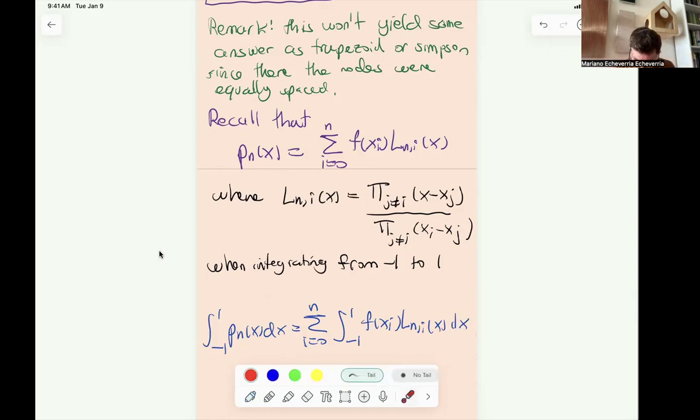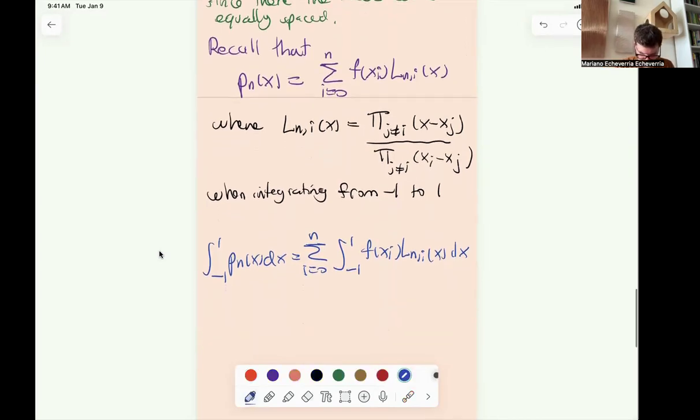But f of xi is just a number, a constant. It's just the value of the function at that particular zero of the Legendre polynomial. So you can take that out of the integral. So you end up getting the sum from i equals 0 to n of f of xi times the integral from -1 to 1 of Ln,i of x dx.